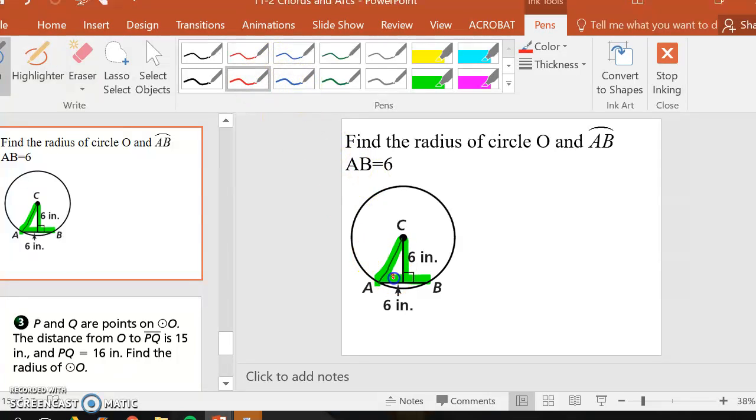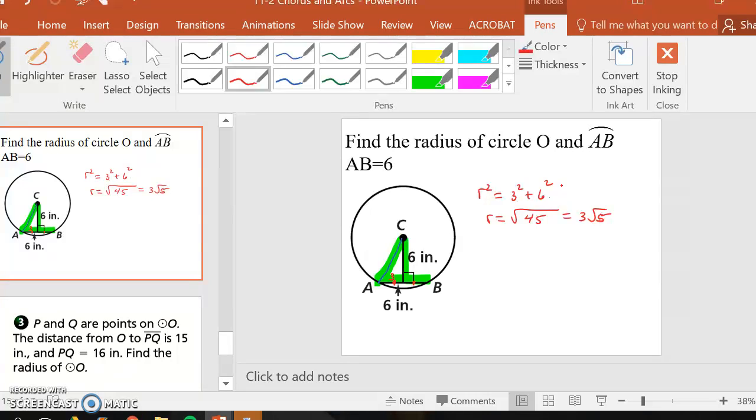And this side is 3 units long because AB is cut in half by this distance here. So the radius squared is equal to, using Pythagorean theorem, 3 squared plus 6 squared. So the radius is going to be the square root of 9 plus 36, which is 45. We could simplify that to 3 root 5, or you can take it down to a decimal.